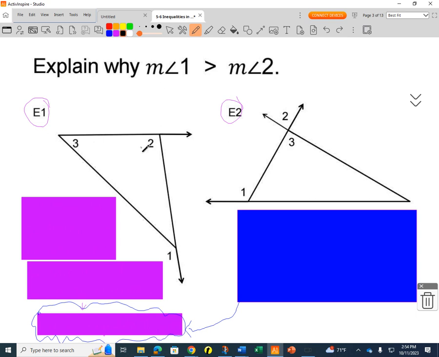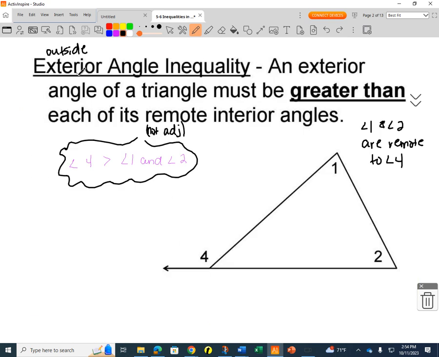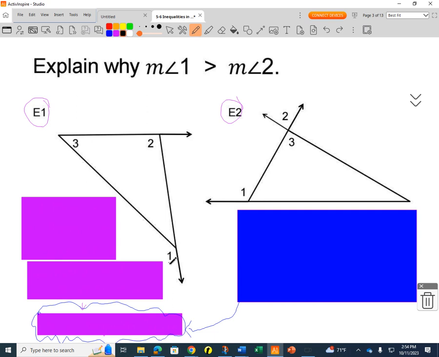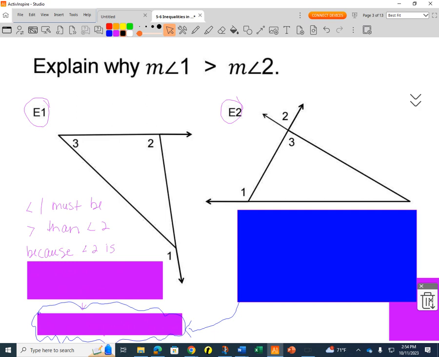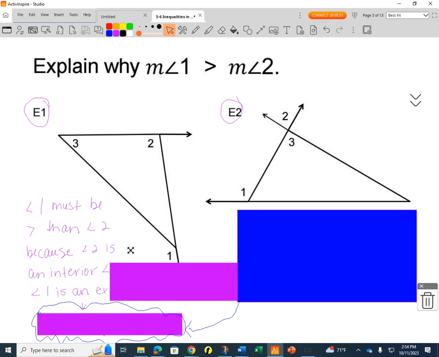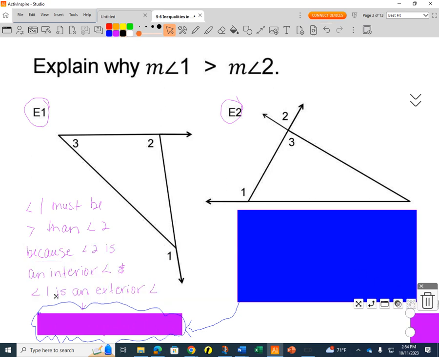So we know that angle 2 is less than angle 1 because the exterior angle inequality theorem says that the exterior angles are always greater than the remote interior angles. So angle 1 must be greater than angle 2 because angle 2 is an interior remote angle, and angle 1 is an exterior angle.